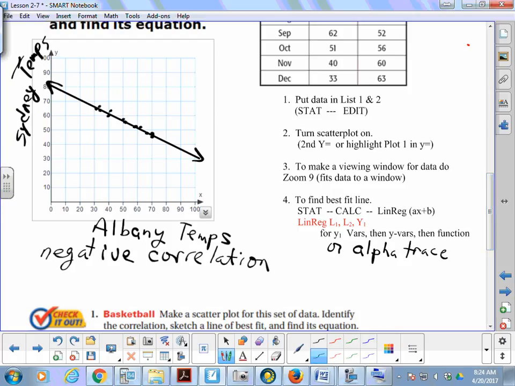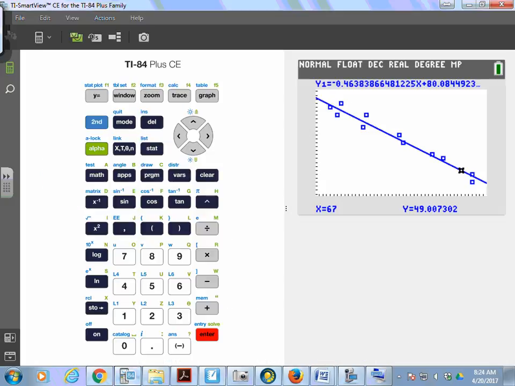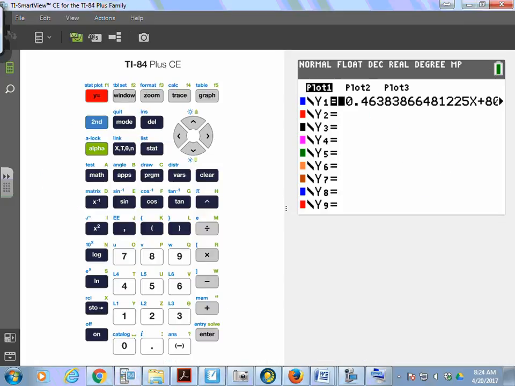All right. So here we've got y equals, and let me go back to it just for a second. So it's actually here now, in our y equals. All right, in y1, we now have our line there. Okay, so we'll do negative 0.464, let's do 3 decimal places, 0.464, and if I scroll over, it'll take me to the y-intercept in this case.